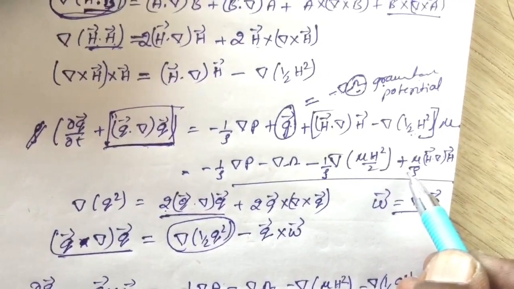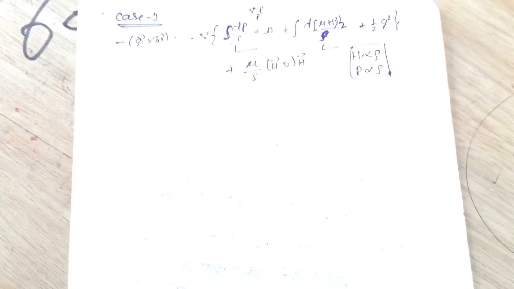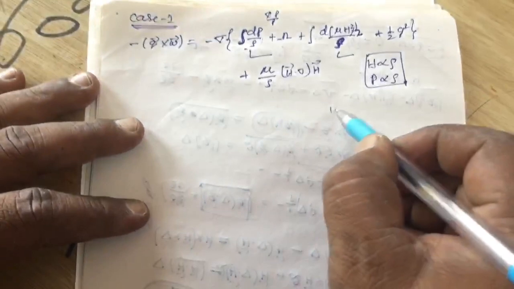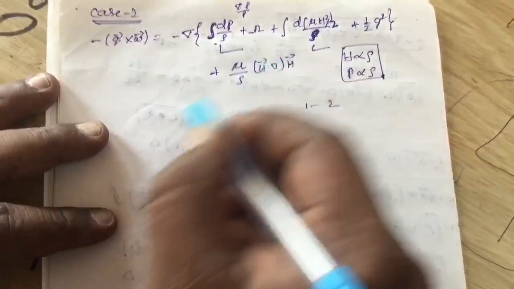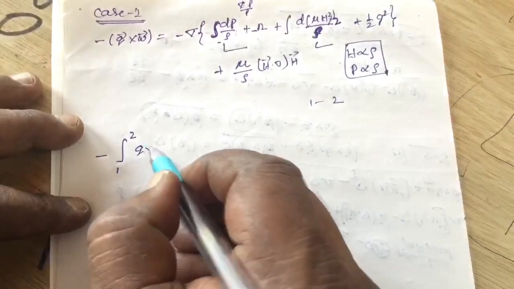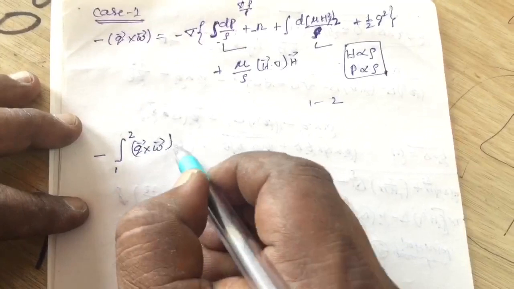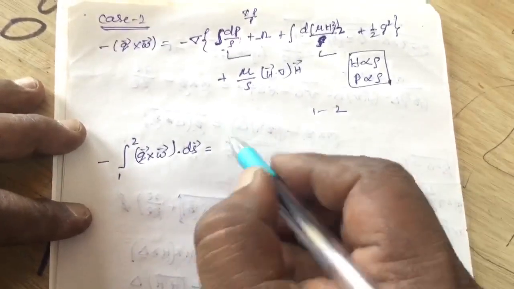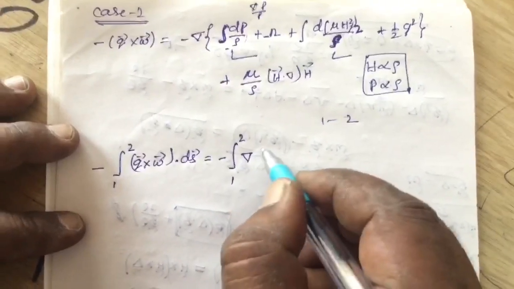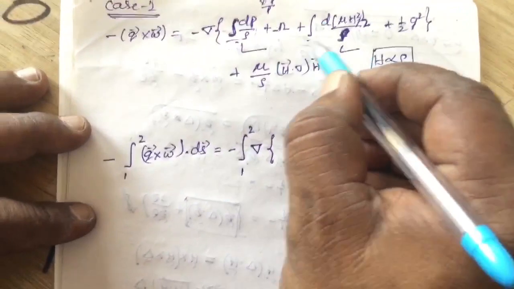Okay. So now we have to integrate this equation between points 1 and 2. Between the points 1 and 2, this equation can be written as minus integration from 1 to 2 of q cross omega dot ds is equal to minus integration from 1 to 2 of gradient of, look here, also integration, here also integration.